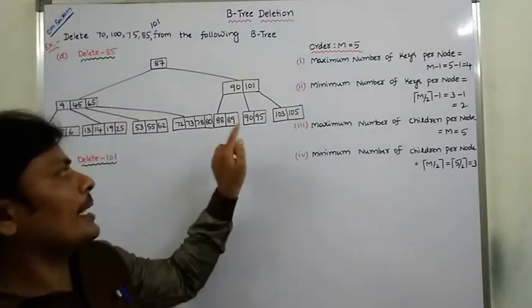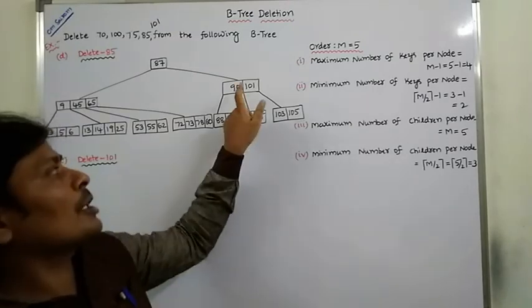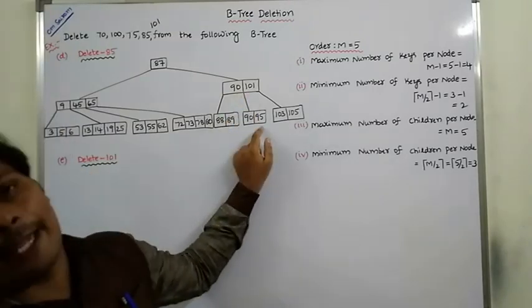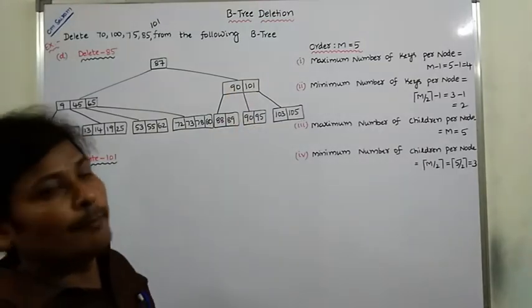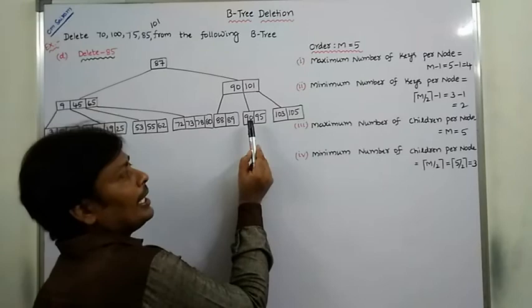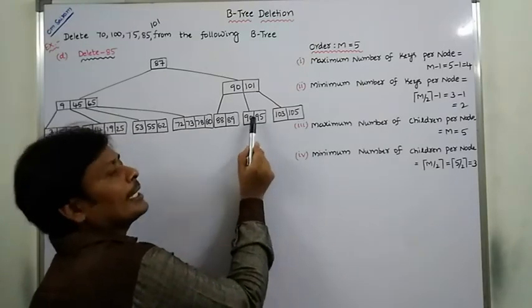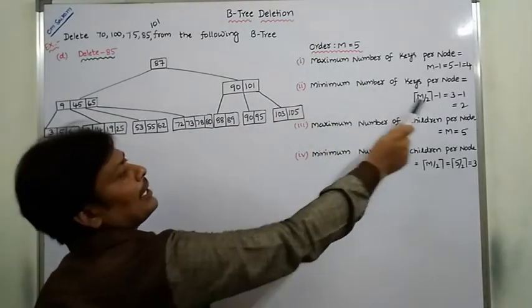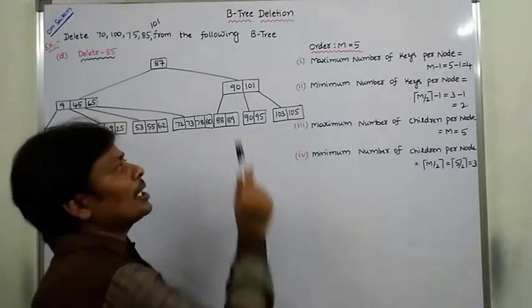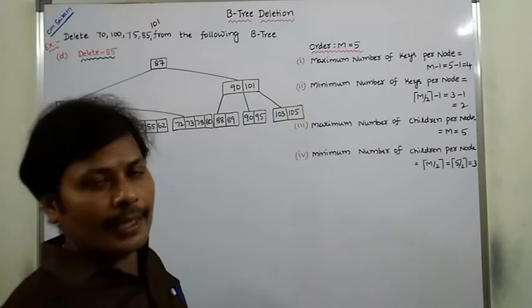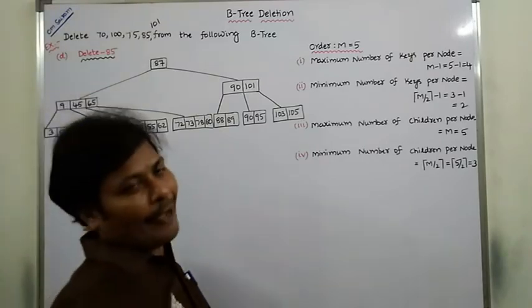The in-order predecessor of 101 is 95, the maximum element in the left subtree, but this node contains the minimum number of key elements, that is 2. So it is not possible to replace 101 with 95.